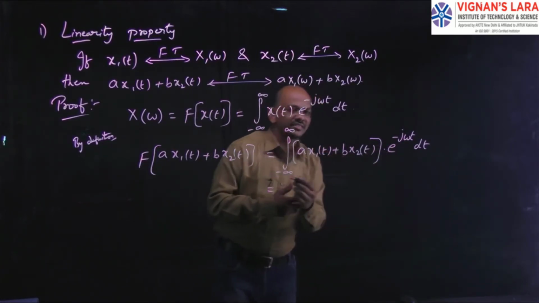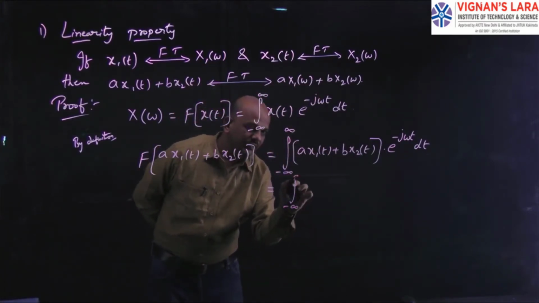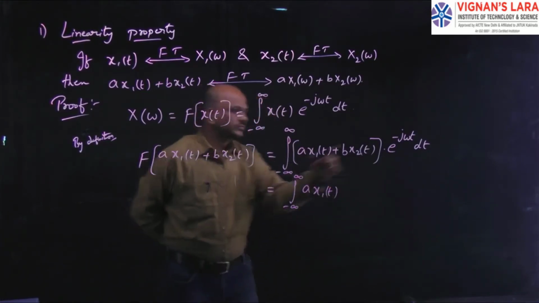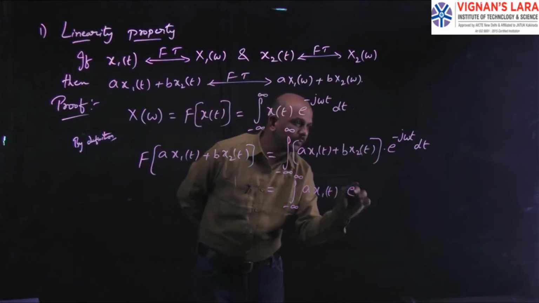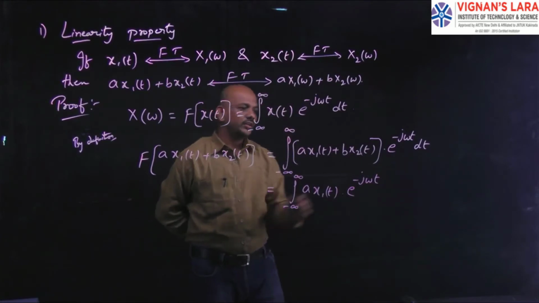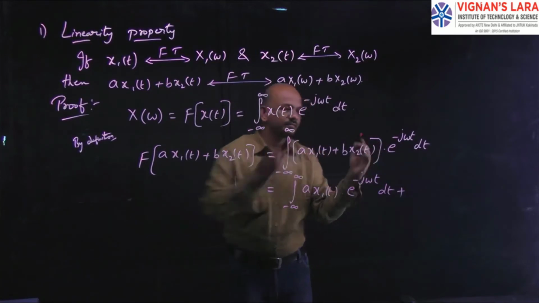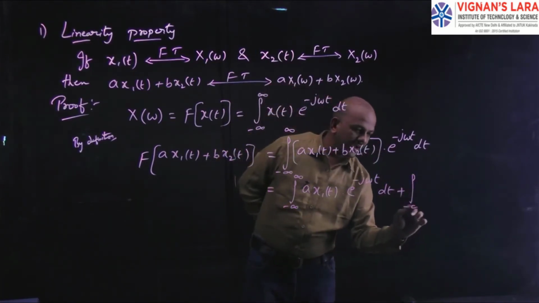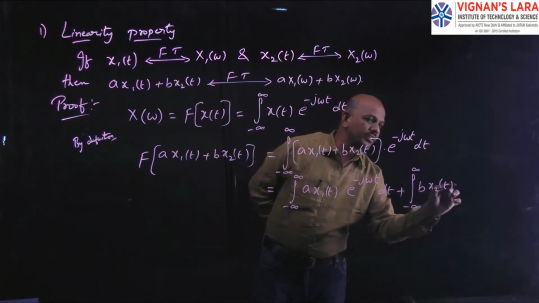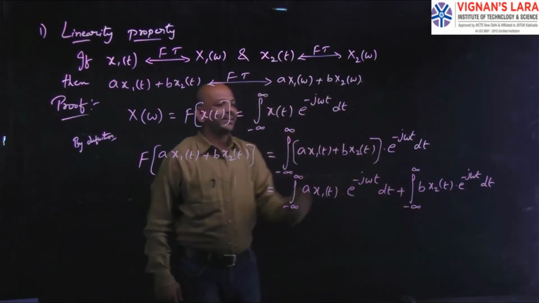I am writing it in a single step: the integral from minus infinity to infinity of a into x1 of t into e power minus j omega t dt, plus, first multiplying and separating, the integral from minus infinity to infinity of b into x2 of t into e power minus j omega t dt.